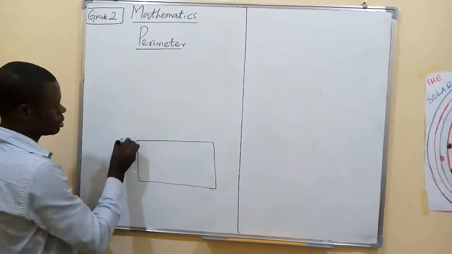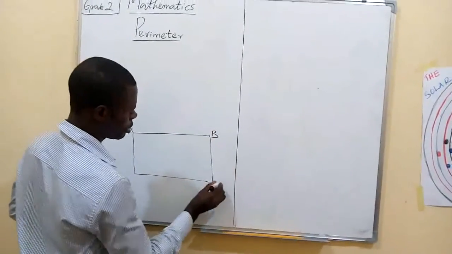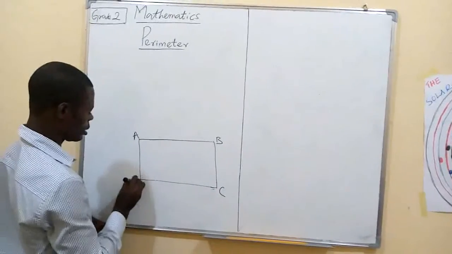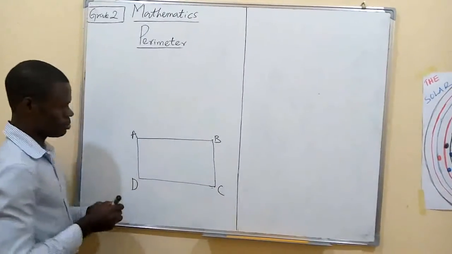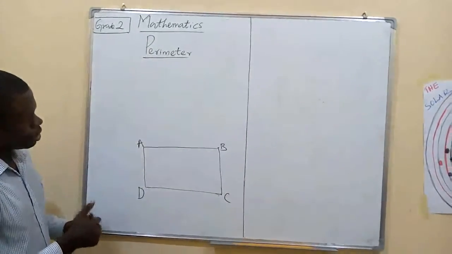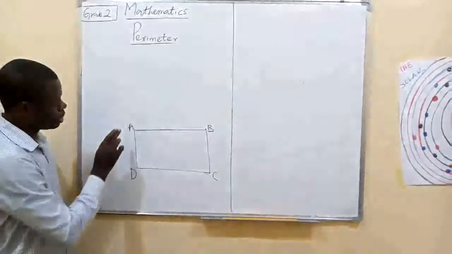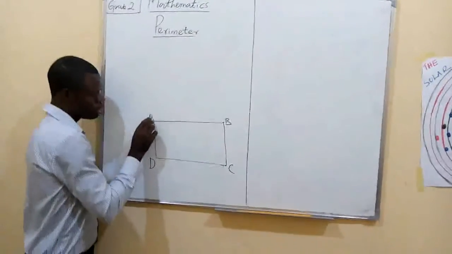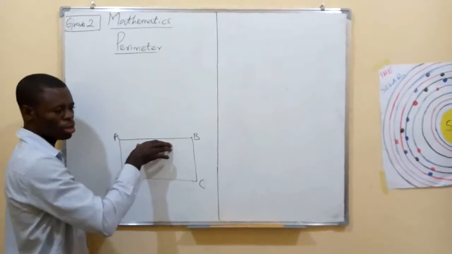Let's call this point A, this point B, this point C, and this point D, the edges of the shape. To get the perimeter of this shape, what do you do? You measure from this point to this point, or this side.